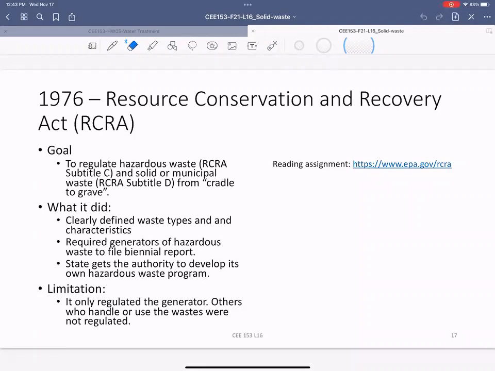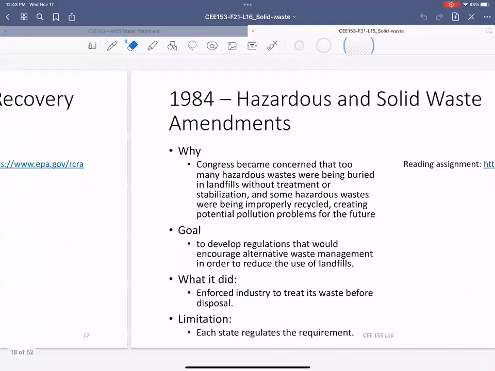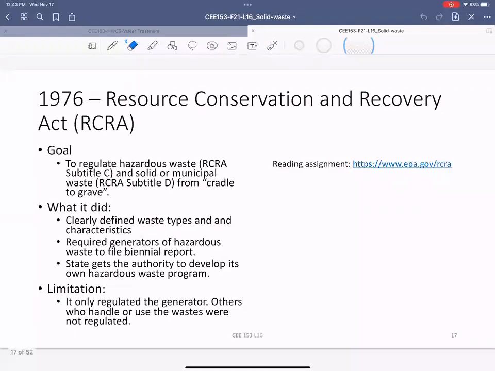As you see, the Resource Conservation and Recovery Act. Actually, my bad, it was more about recovering the materials out of waste. Instead of just minimizing the waste, it gives the framework to make the regulations, and it also says: why don't you recover as much resource as possible before you throw that waste.